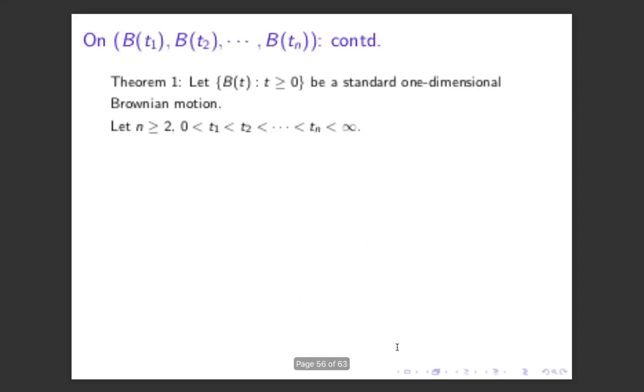So we have proved the following result. Let Bt be a standard one-dimensional Brownian motion. Let n be an integer greater than or equal to 2.